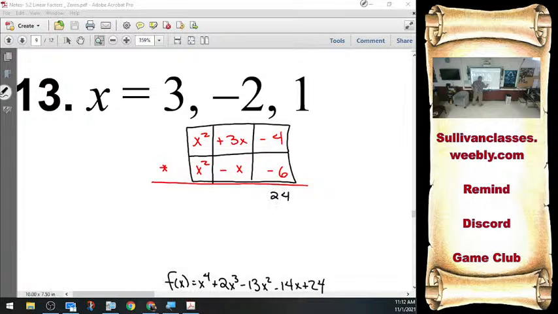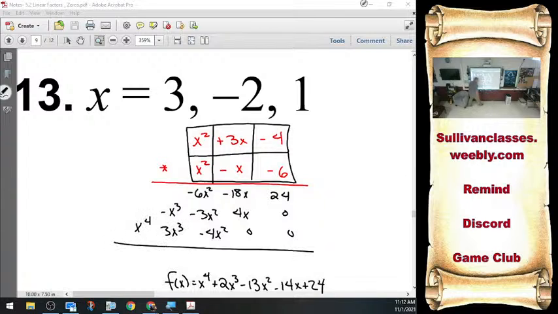You still get 24, negative 18x, negative 6x squared. 0 as a placeholder. 4x, negative 3x squared, negative x to the third. Zeros as placeholders. Negative 4x squared, 3x to the third, x to the fourth. Okay? Do whichever way works for you. I don't care which. If I do it a different way up here than what you're doing at your paper, that's okay. But you have to be able to do this.